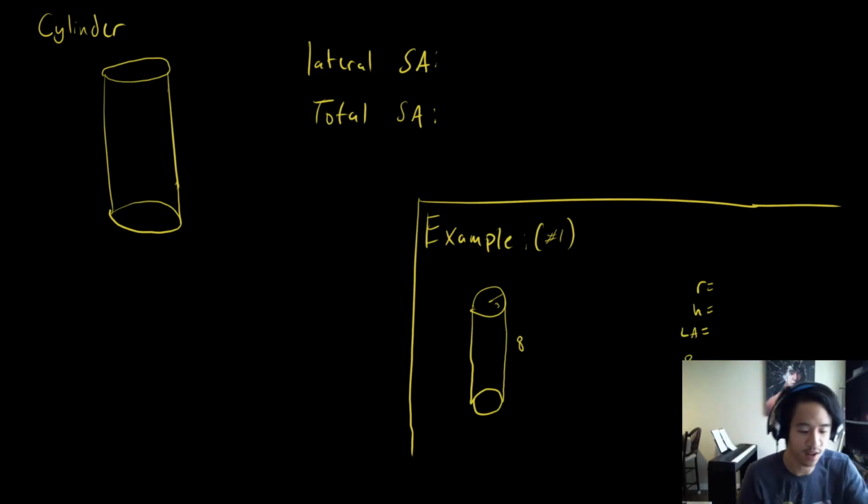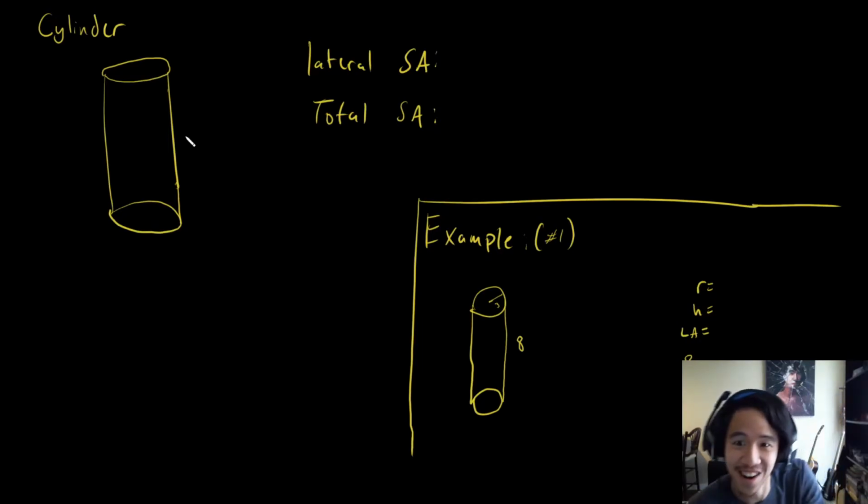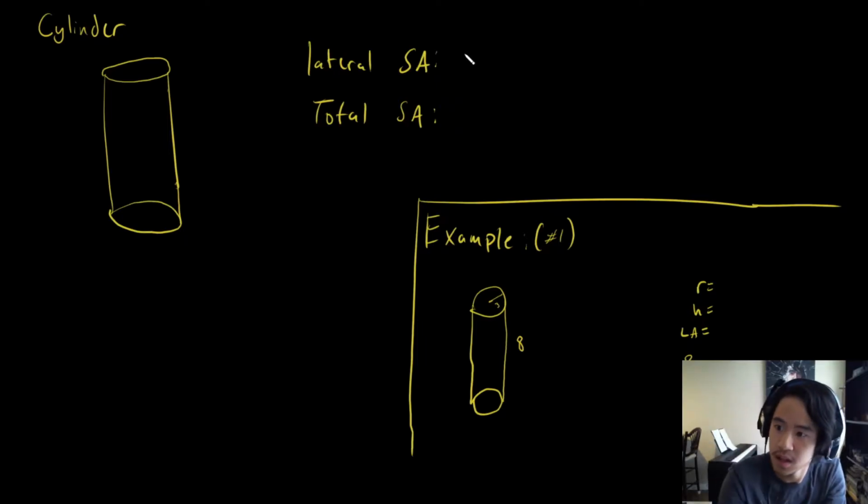All right. So here's the first thing we got. We got a cylinder coming at us. I hope you know what a cylinder is. It looks like that. The lateral surface area is going to be 2 pi r h.